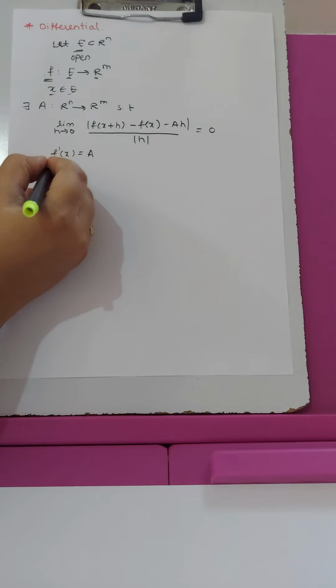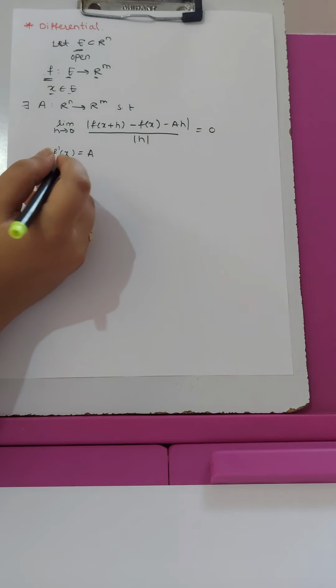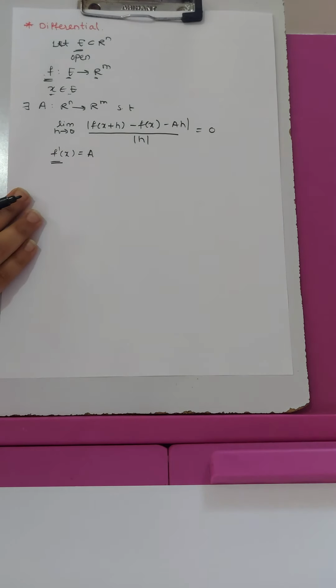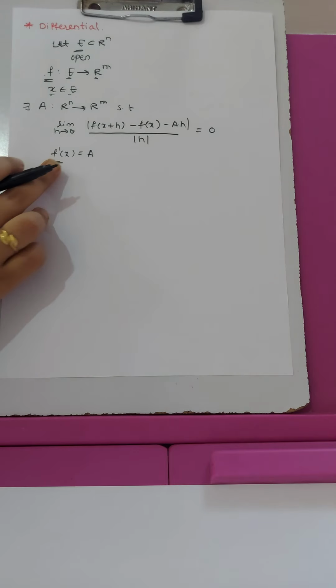This quantity f dash of x is called the differential of f at x or the total derivative of f at x.